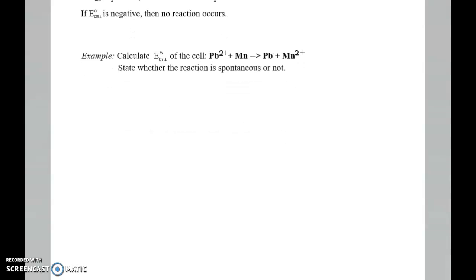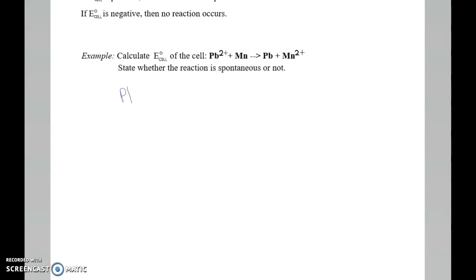So, for example, we are told to calculate the net potential of this cell, which consists of lead and manganese. And we are told to state whether the reaction is spontaneous or not. So, a good place to start is to write out each half reaction.